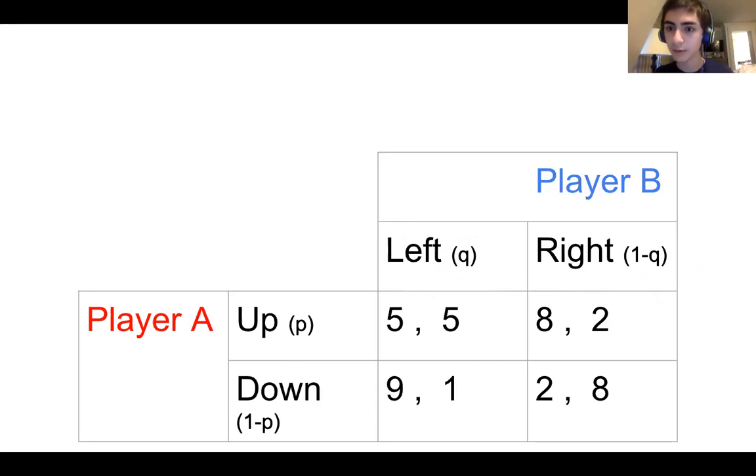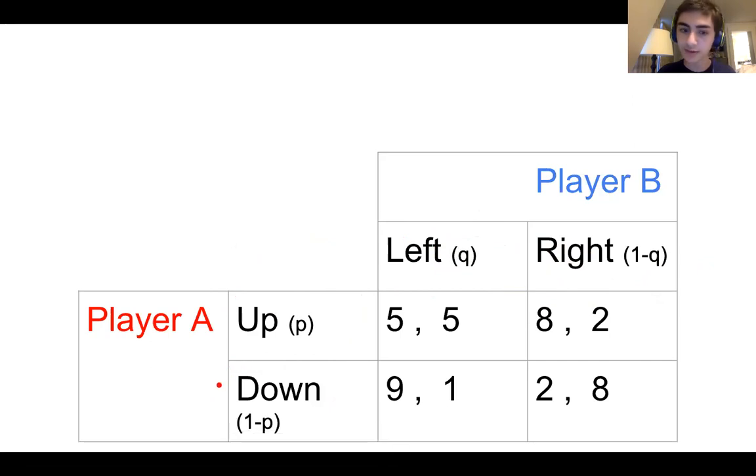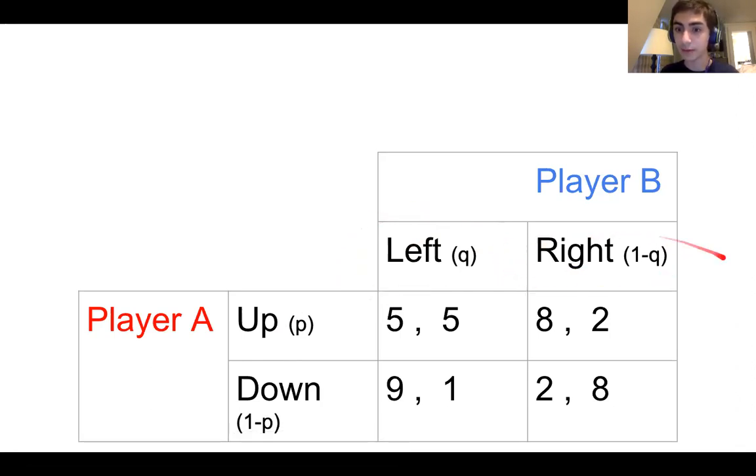Q and P both have to be between 0 and 1, inclusive. P represents the chance player A chooses up, and 1 minus P represents the chance player A will choose down. Q is the chance player B will choose left, and 1 minus Q is the chance player B will choose right. Does everybody understand that much?